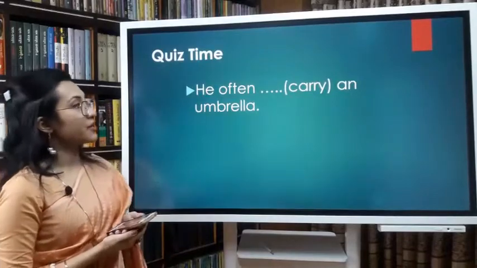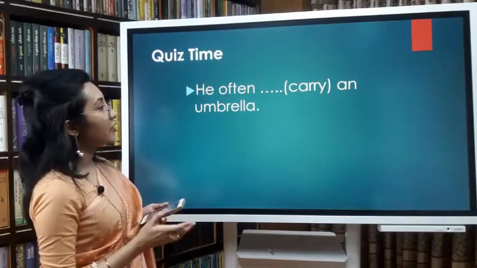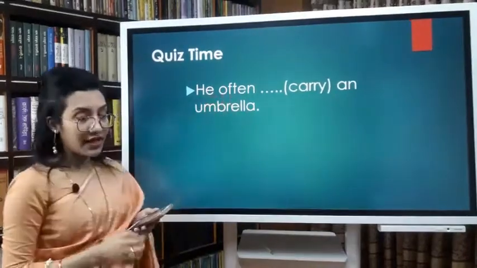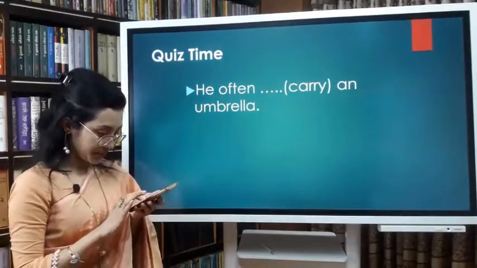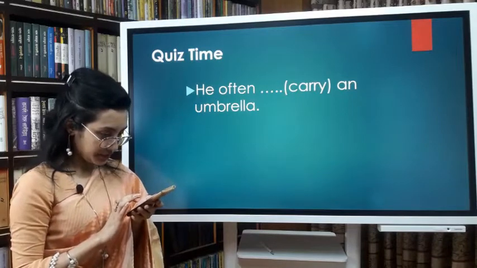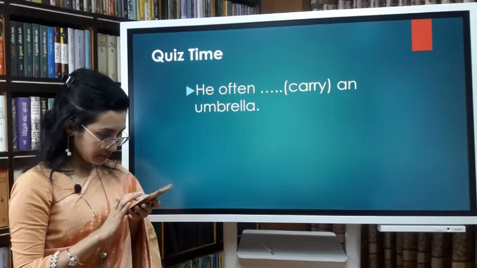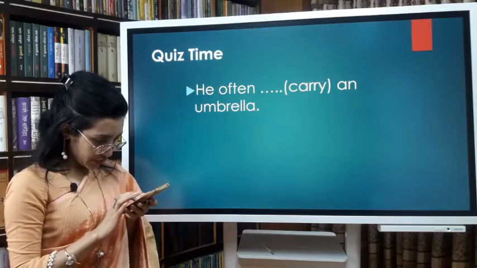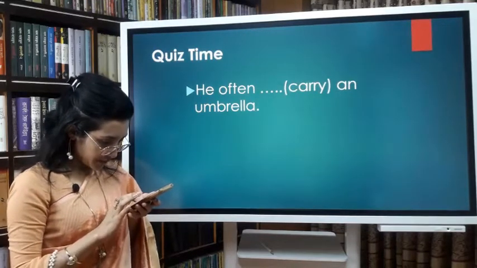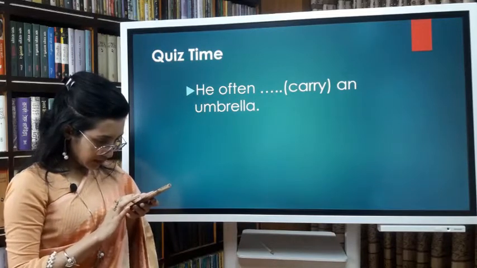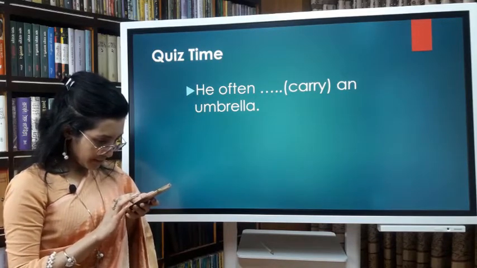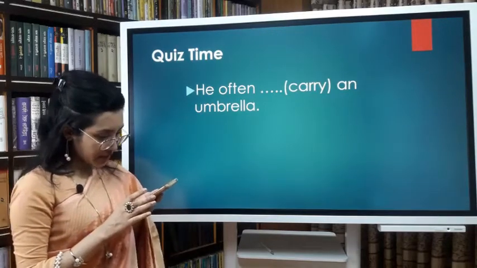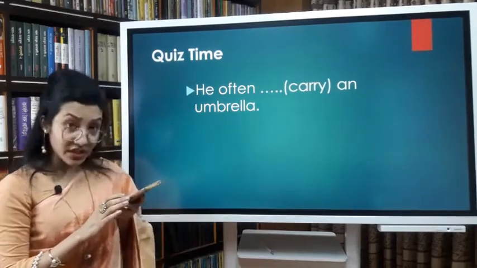Now the second question. He often carry an umbrella. Look at the time expression often here and send me the answer. Okay, so we are going to get some answers here. Rifa carries, Naim Islam carries, Mehrima Bella carried.